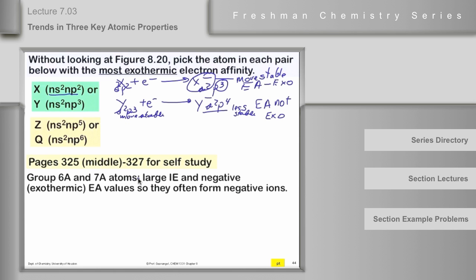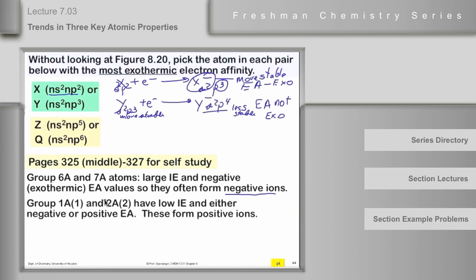And being to the right of that period, they have large ionization energies. So these two things together mean that these atoms have a favorable process for adding electrons to them, and therefore it's reasonable that they would form negative ions. So these would be things like oxygen and fluorine and sulfur and chlorine.